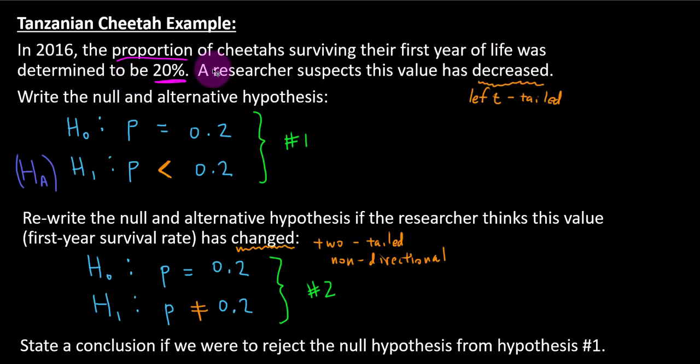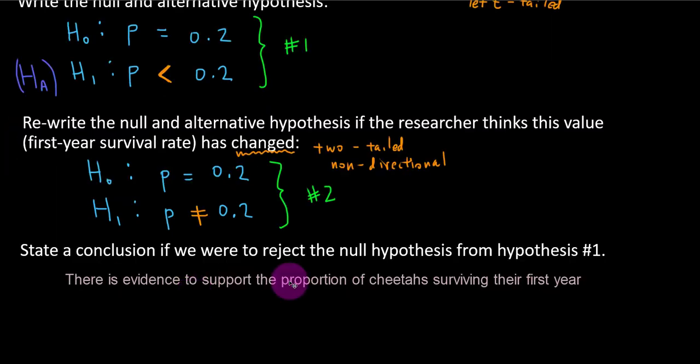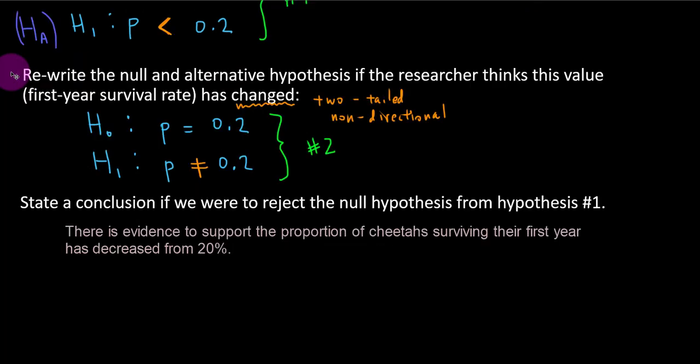The proportion of cheetahs that survive their first year has decreased or is now less than 20%. So there is evidence to support the proportion of cheetahs surviving their first year has decreased from 20%. And that's it. That's just a translation of what it means to reject the null hypothesis.